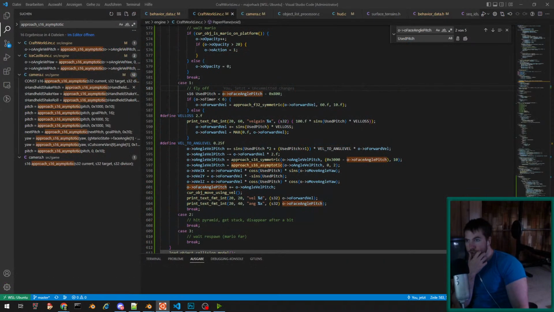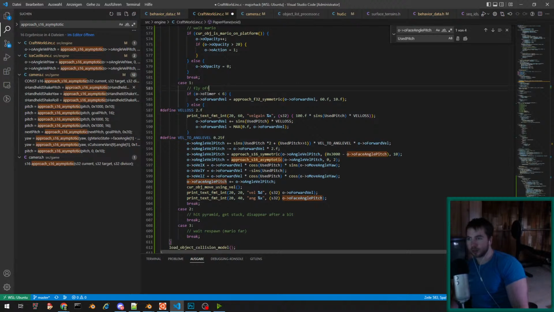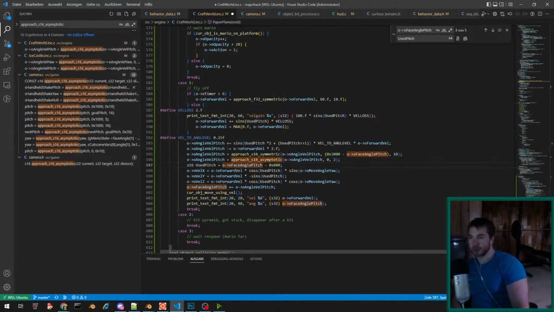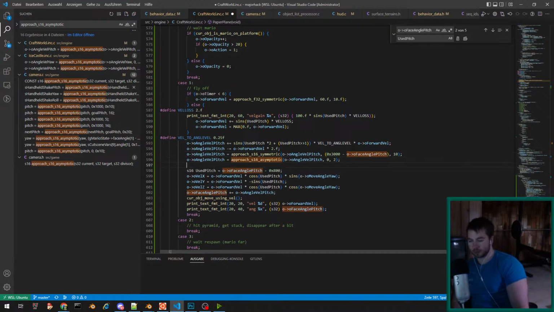So used pitch should not be used here, it should only be used for this part, because phase angle pitch is used here. Okay, and then we had the issue that the angle val pitch changes way too slowly, which I guess is this variable here.